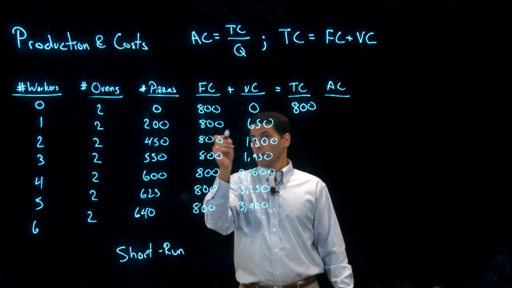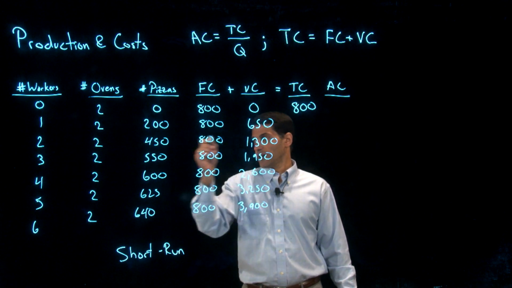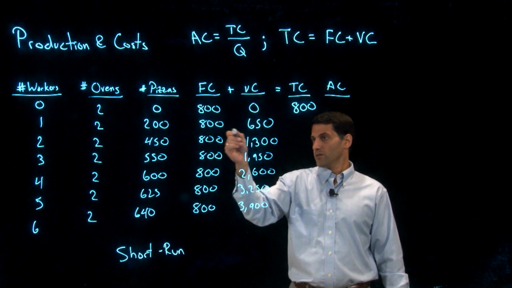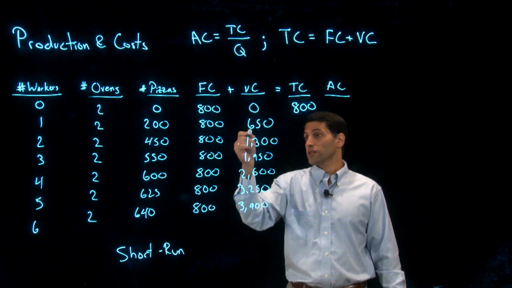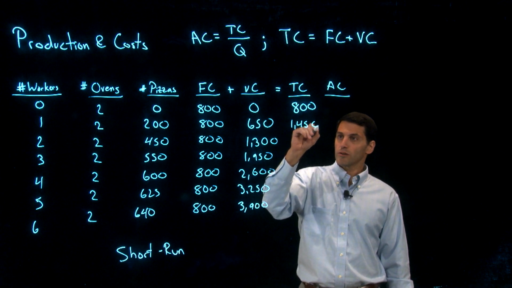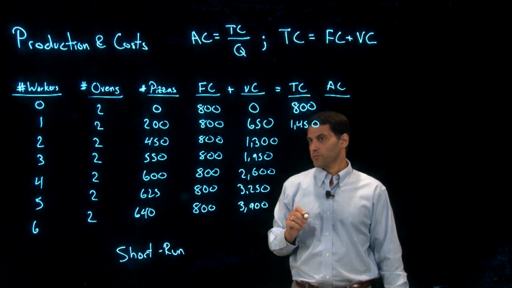Now, the first worker: I add the first worker, I make 200 pizzas. That's a labor cost of $650 plus the $800, which gives me $1,450.